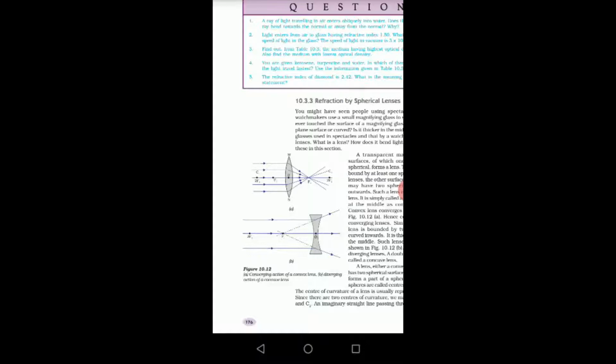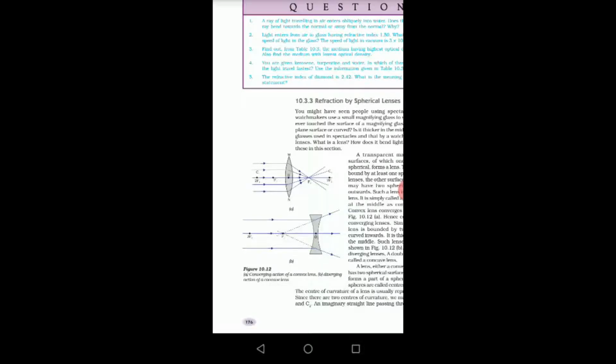Regarding the focus, the lens has two focus because both the surfaces of the lens are not uniform. It means the thickness of both the surfaces is not uniform. Due to this reason, lens has two focus.